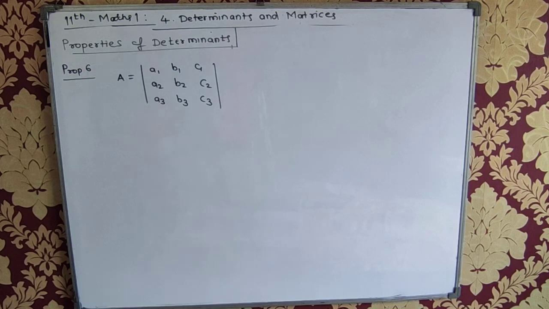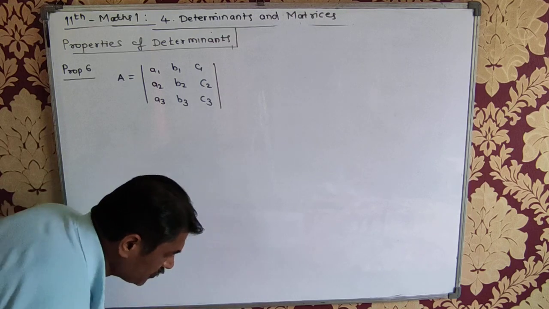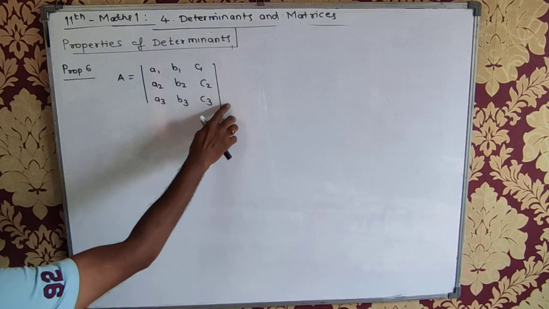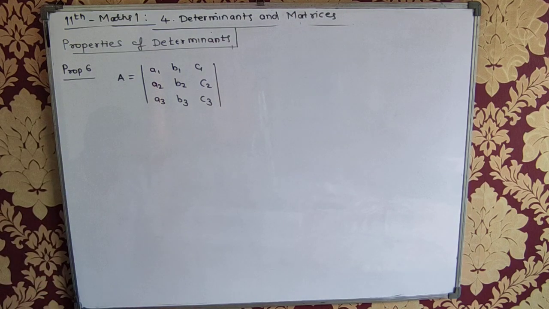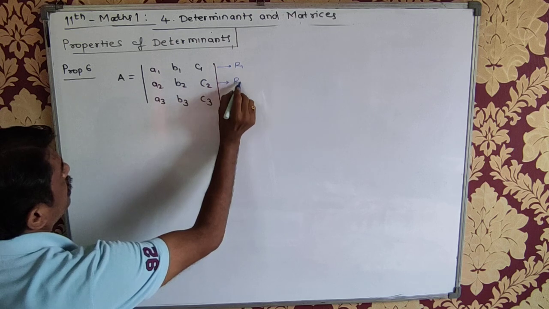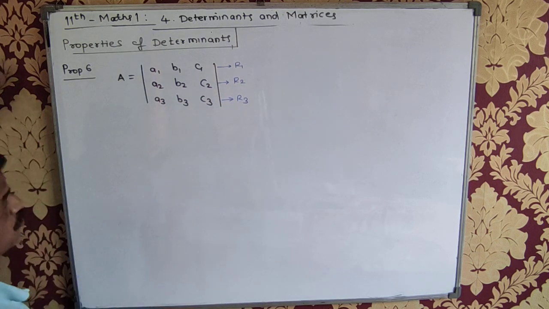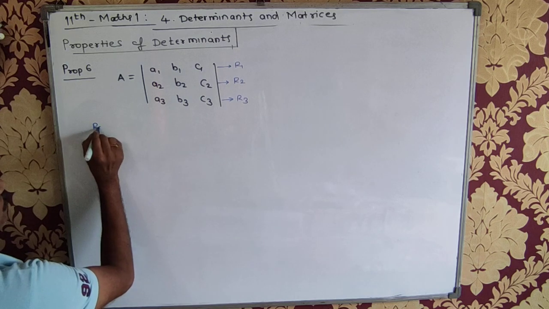Property number 6. Let me explain this property. Suppose this is the determinant and its value is equal to A. Now this is the first row, this is the second row, and this is the third. Suppose I carry out a row transformation.